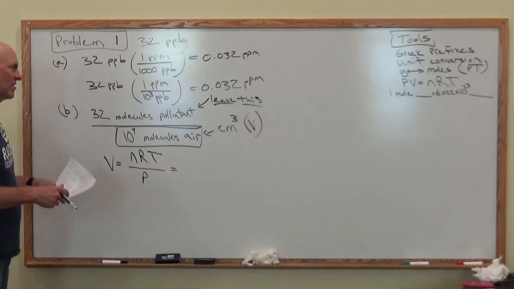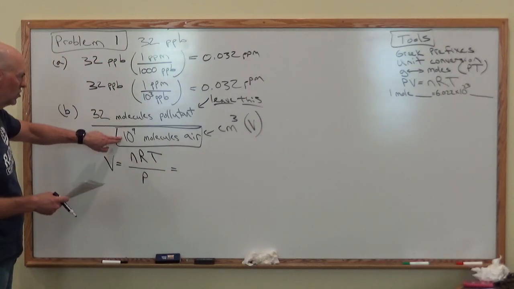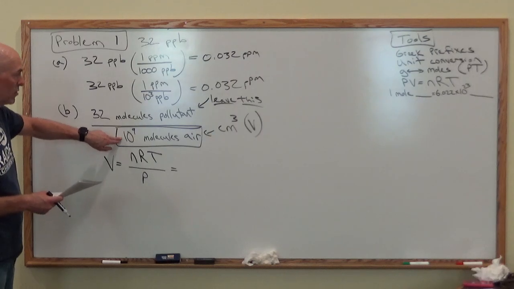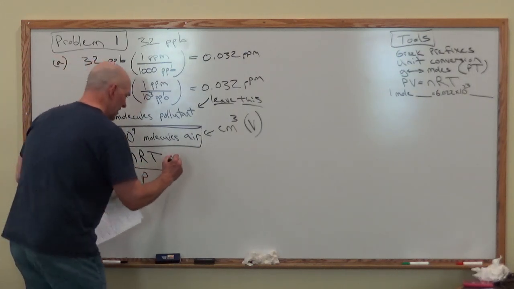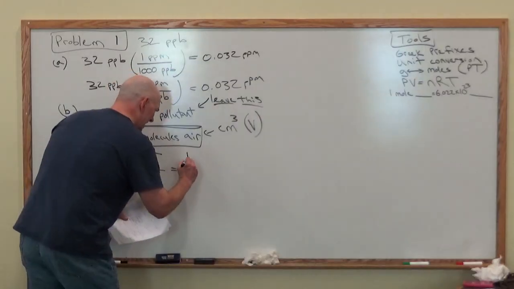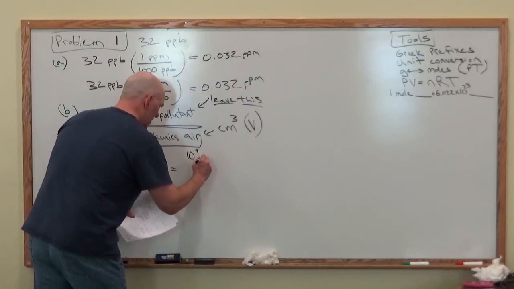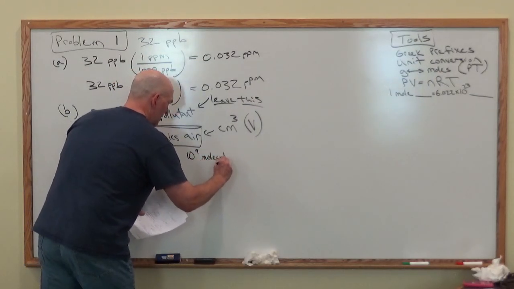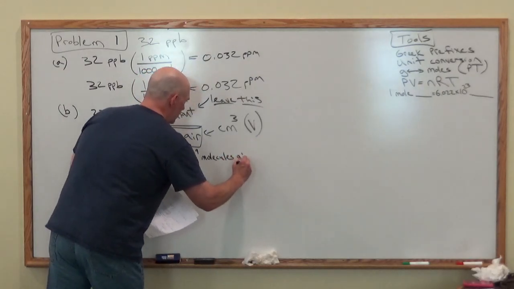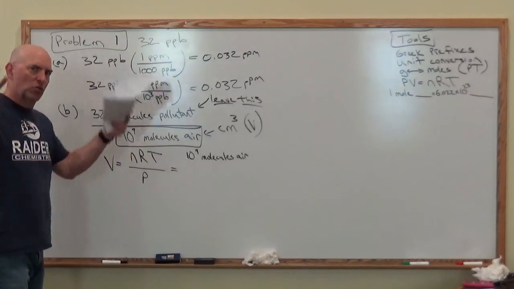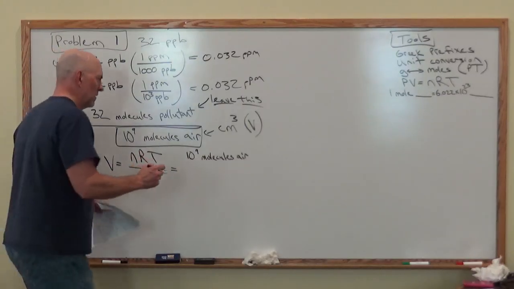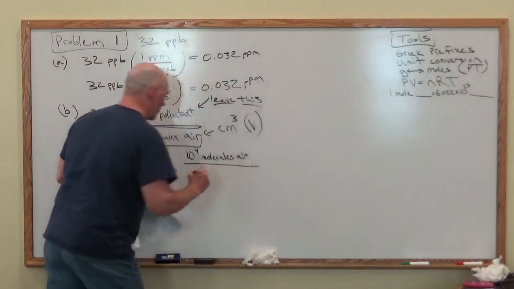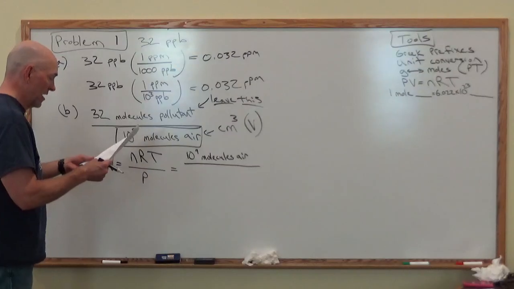Now I'm going to try to write this here. So moles of air, the molecules divided by Avogadro's number would give you moles. But let me put that in parentheses here. So we have 10 to the 9th molecules. Now it's really important to know that's not molecules of pollutant. That's total molecules in our sample space. Molecules of air, maybe not a great way to put it, but I think it's helpful for me anyway.